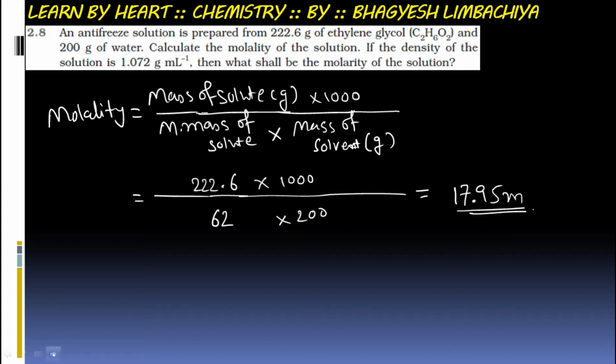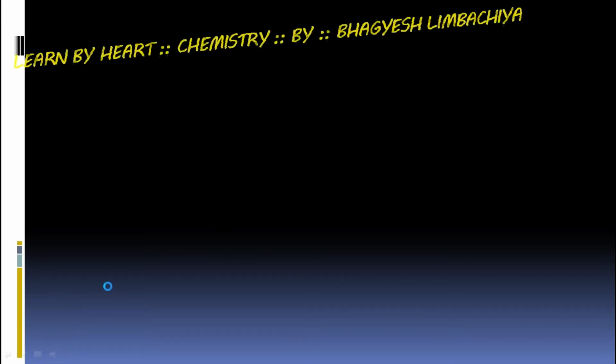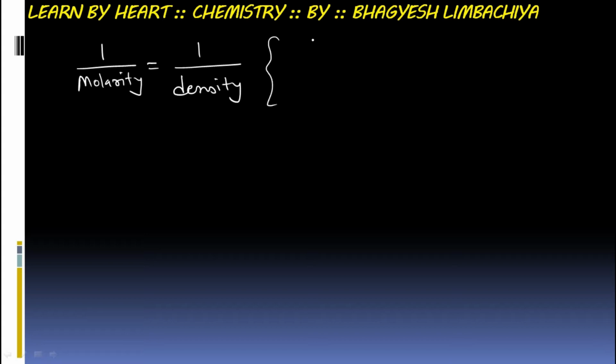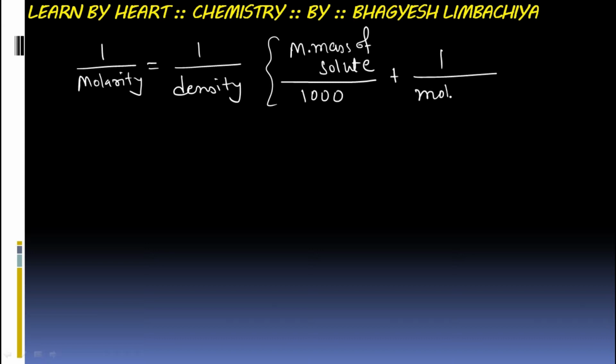Now we are taking the relation between molality and molarity, and it is 1 by molarity equals 1 by density into bracket molecular mass of solute divided by 1000 plus 1 upon molality.